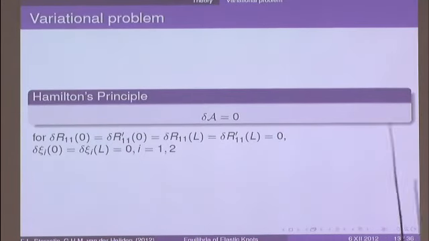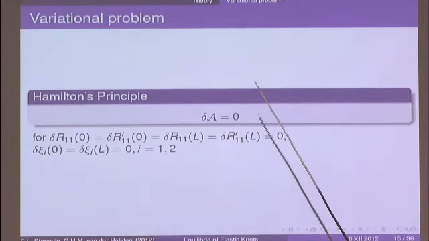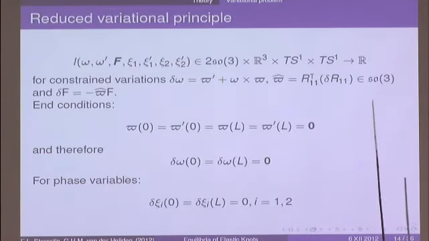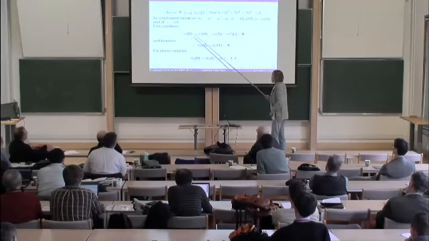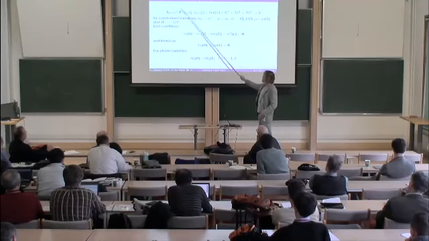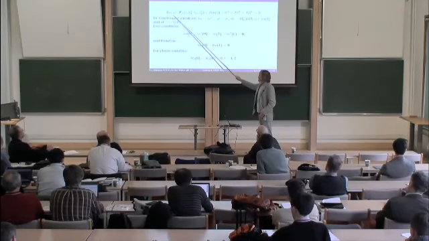To find the solutions and write the equations, we apply a Hamilton principle. We're looking for stationary solutions of the action. But we want to write the equation in a reduced form. It means that we express our Lagrangian as a symmetry-reduced Lagrangian in this form.